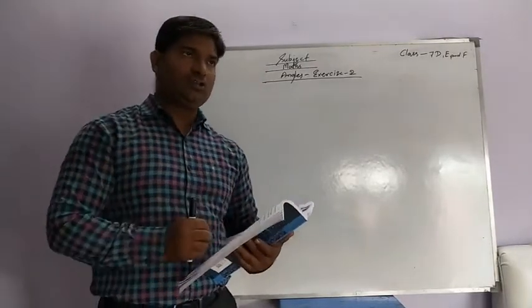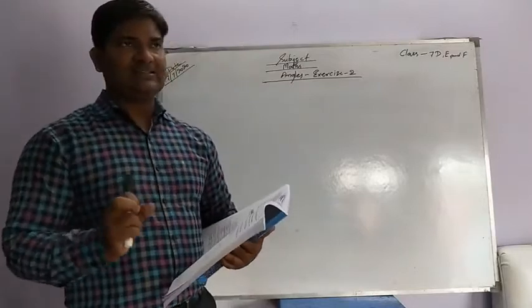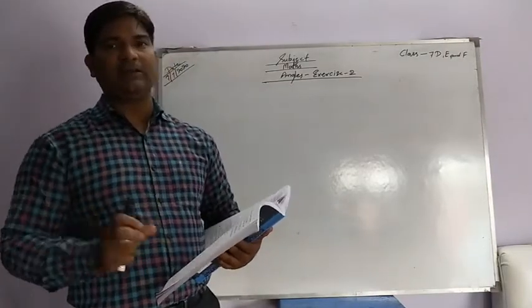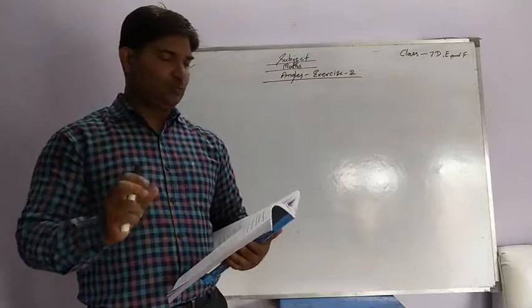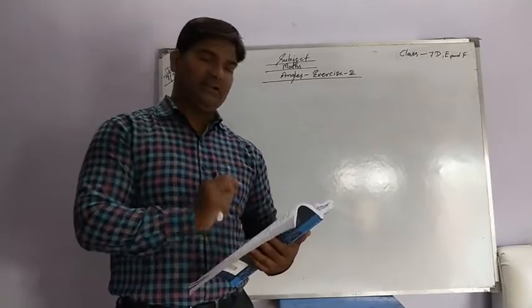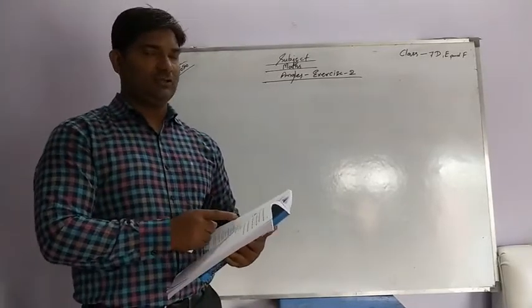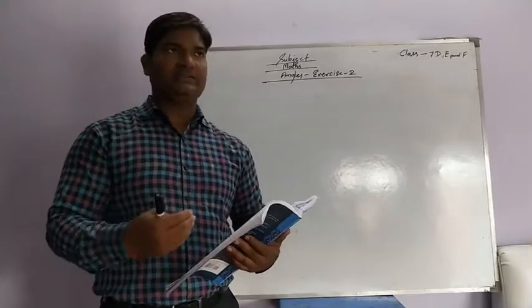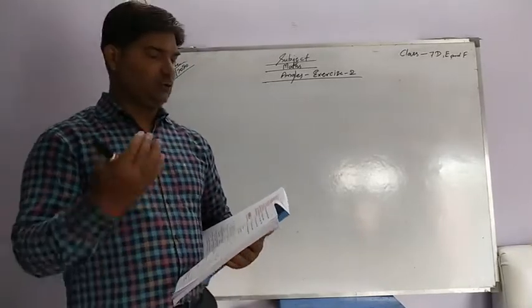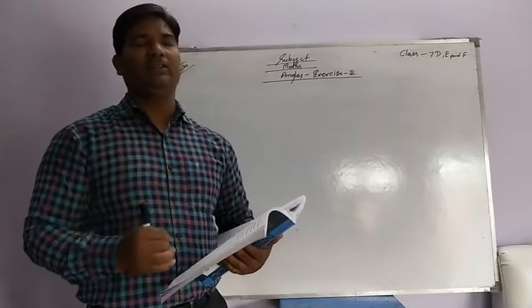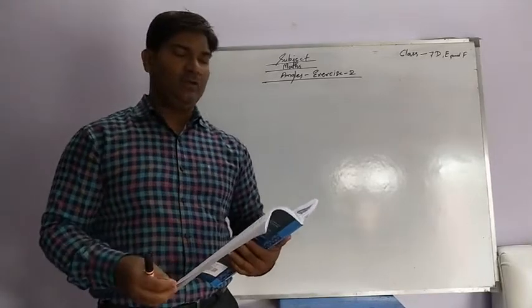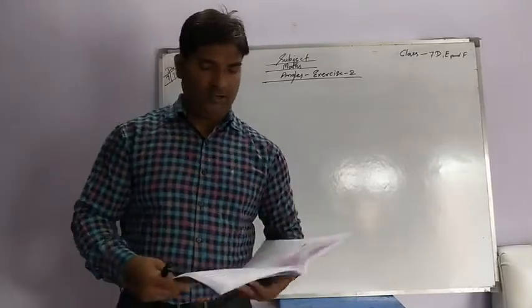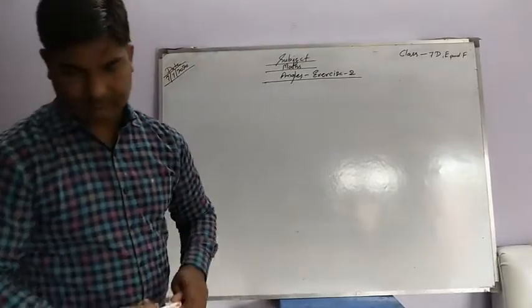So according to the question, both angles are adjacent angles and their sum should be equal to 110 degrees, as given in the question. So we add x plus x minus 40 is equal to 110, and simplify this equation and find the angles. Look here at how we solve the question.